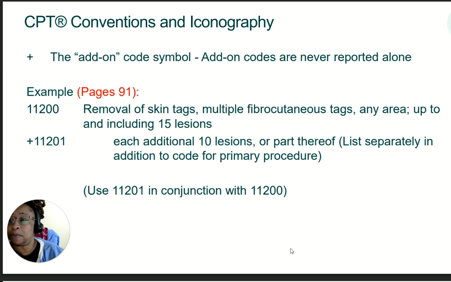We're going to bill both 11200 and 11201. If you look at 11201, it shows each additional 10 lesions or part thereof, in addition to the code of the primary procedure. So if there are 20 lesions, we're going to bill both to indicate up to 20 lesions that were actually removed in a session and or visit.